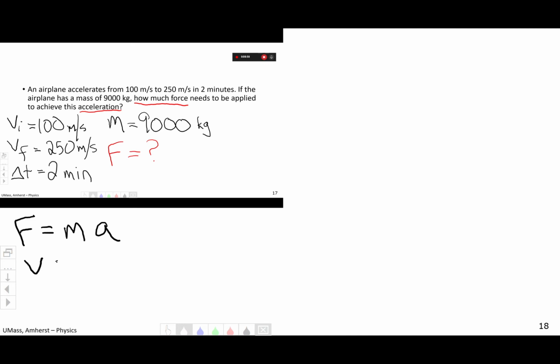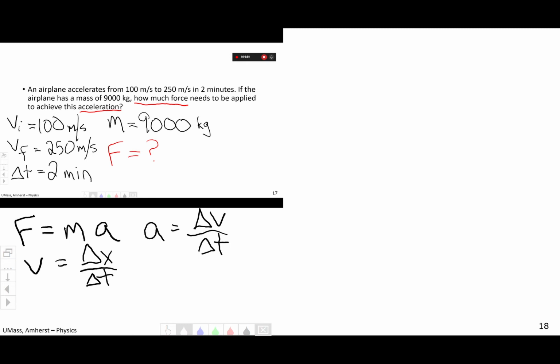We also know that v equals delta x over delta t. And we know that acceleration is delta v over delta t, the change in velocity per unit time.